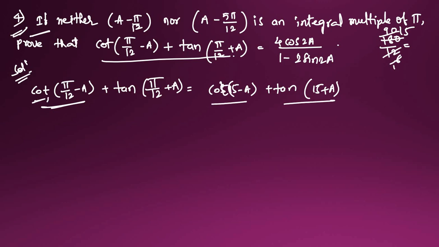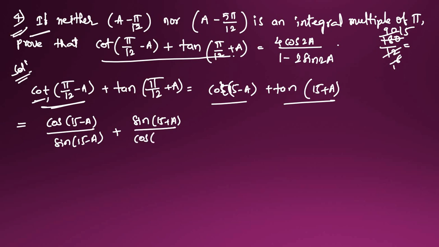So what we can write here? I will start from here, the left side. Cot of 15 minus a we can write as cos of (15 minus a) divided by sin of (15 minus a). And again plus sin of (15 plus a) divided by cos of (15 plus a) we can write.